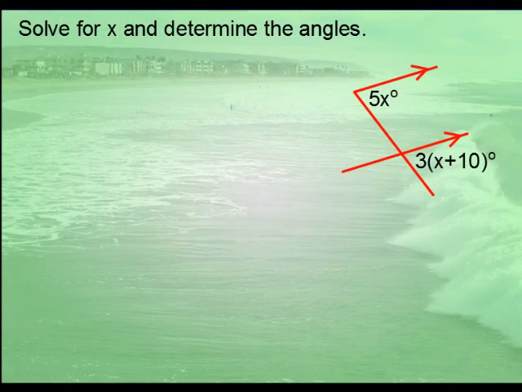This first one says solve for x and determine the angles, and I want you to notice that we have 2 lines that are parallel. This one and this one. You might want to consider extending some of these lines to make it look like something more familiar. So there you are.